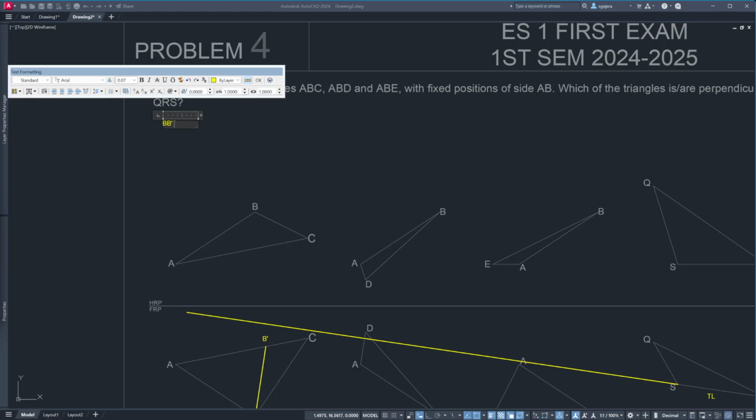BB prime is perpendicular to SR, which is a true length, in FRP. Okay? So that's our first line, no?